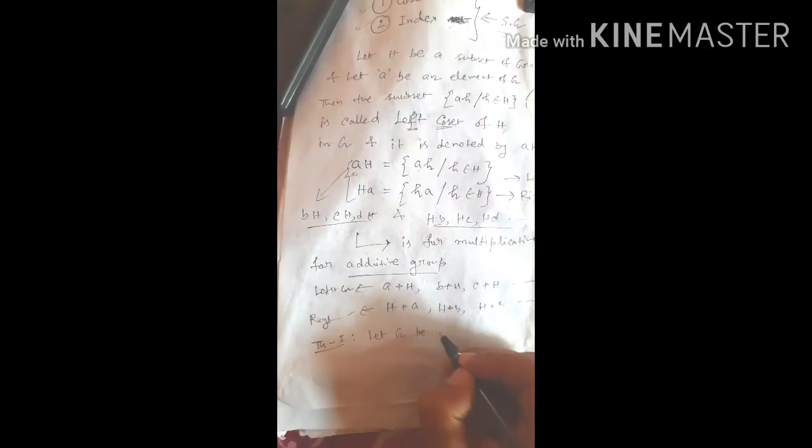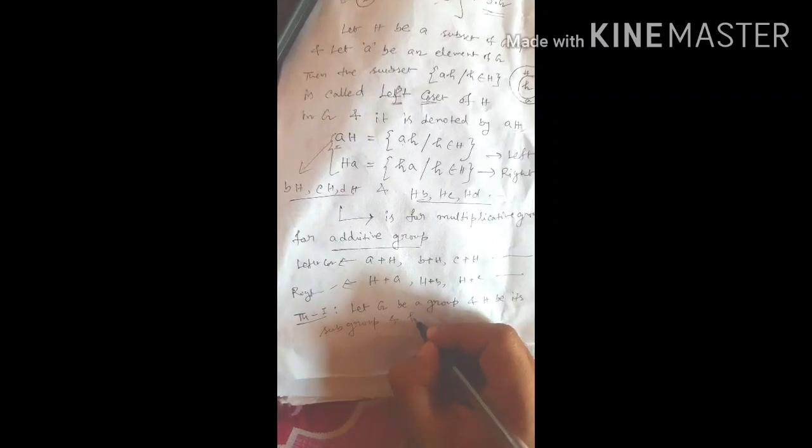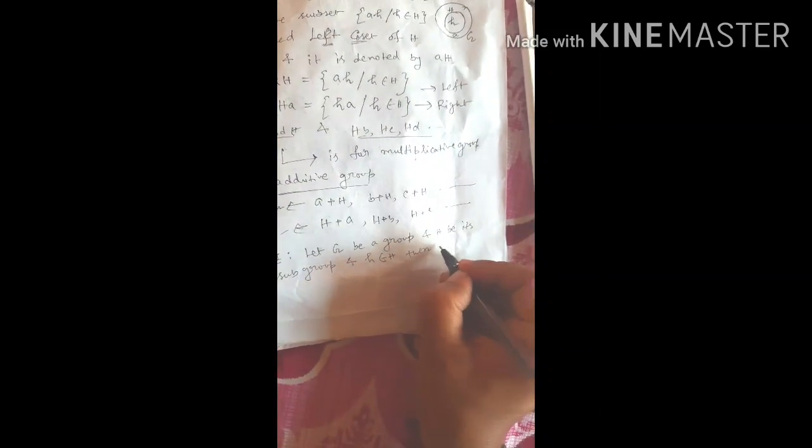Theorem 1. Let G be a group and H be its subgroup, and small h belongs to capital H. Then hH equals H. Please check the proof in your own book.